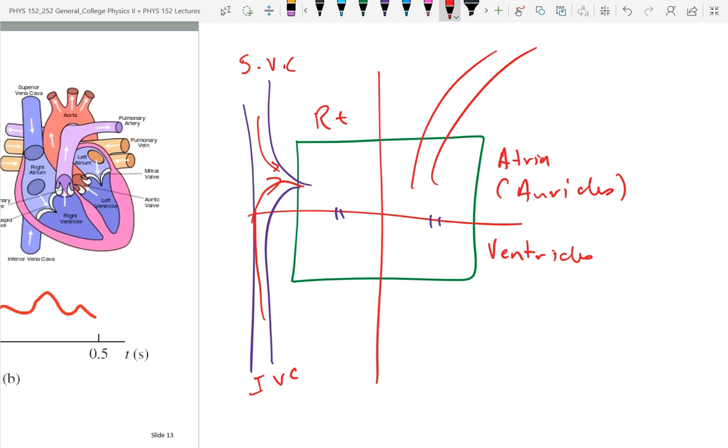And then you have a valve there. What is that? The tricuspid? Yes. So it goes through that tricuspid into the right ventricle. You do have an electrical signal that goes over the atrium and makes the atrium pump. And so when I talk about electrical signals, the whole point of doing this, we'll get to that.